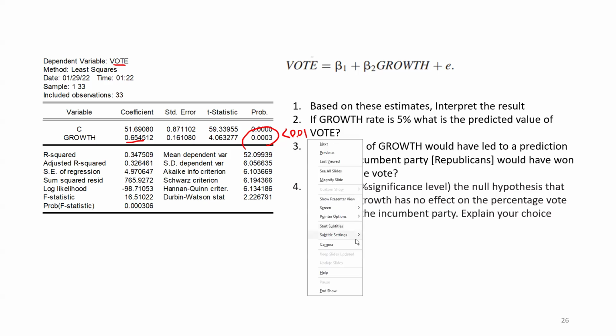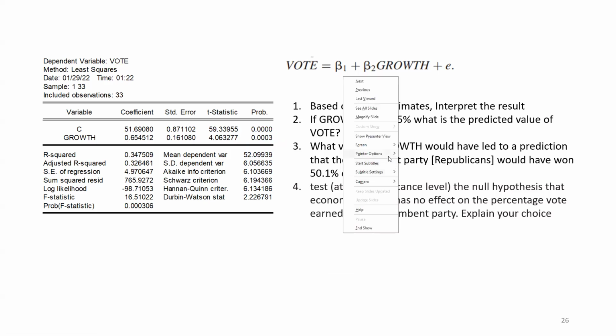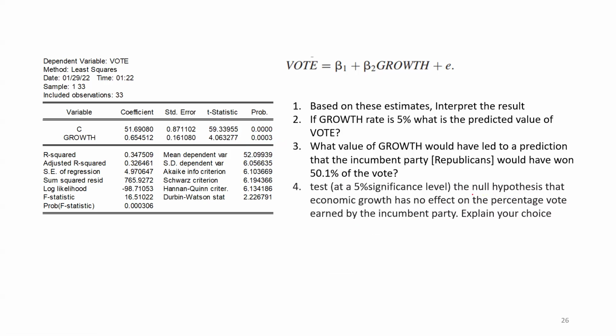So again, before we finish the class, I would like to make sure that you understand how to read the probability, which is the most important in this class. Other things are just technique. When you see R square, no problem for you, because all of you can read R square right now. But for probability, first you have to know that this is the coefficient, this is the standard error, and this t stat is coefficient divided by standard error.